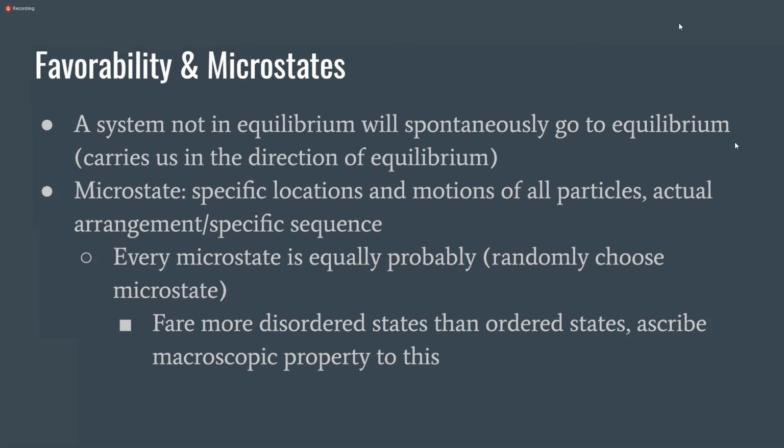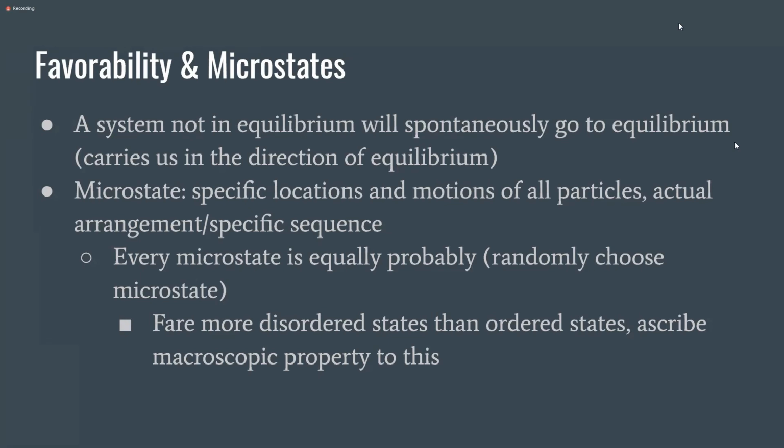So you can think about it in velocity, kinetic energy, everything that could be variable in different microstates. So locations, motions, a bunch of other things, actual arrangements in that sequence.